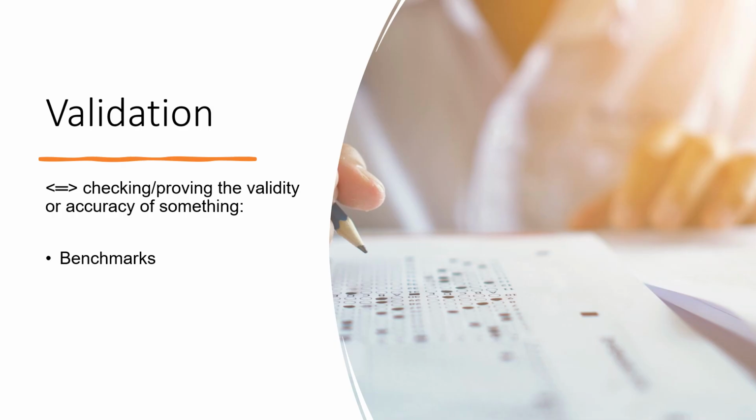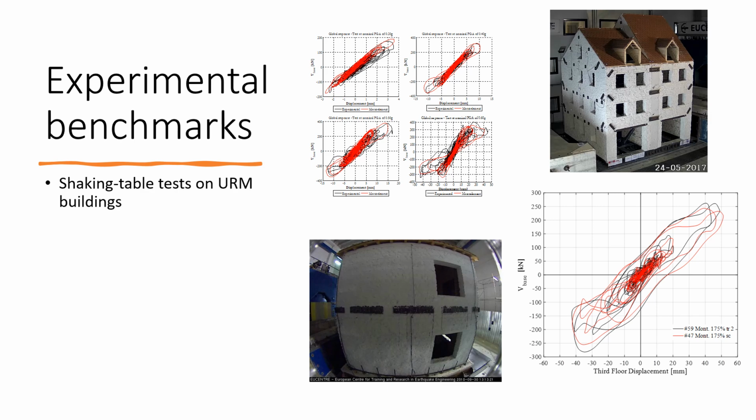And normally, to validate a procedure, to validate a modeling approach, you need benchmarks. We are normally used to dealing with experimental benchmarks, which are typically shaking table tests on reinforced masonry building structures.